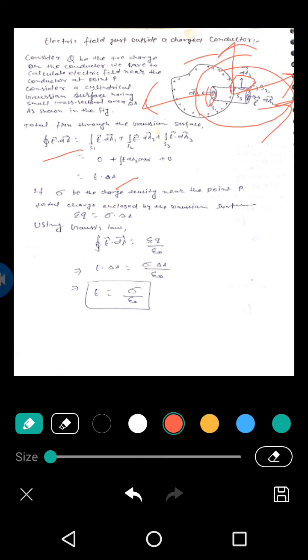Now the charge enclosed by the Gaussian surface is equal to sigma into delta A, where delta A is the flat surface area. Now using Gauss law, total electric flux linked through the closed surface is equal to charge enclosed by epsilon naught. That's why E equal to sigma upon epsilon naught. This is the third application of Gauss law. The electric field due to the conductor is E equal to sigma upon epsilon naught just outside the conductor.